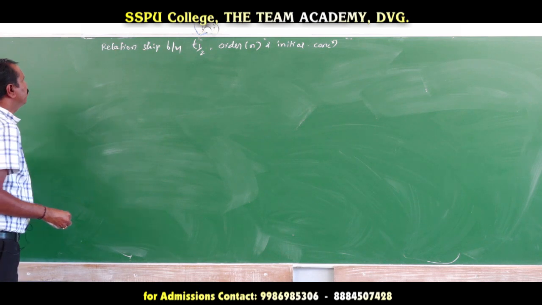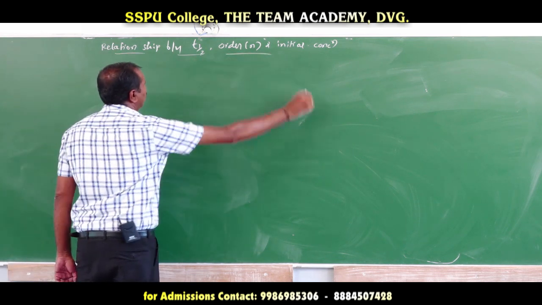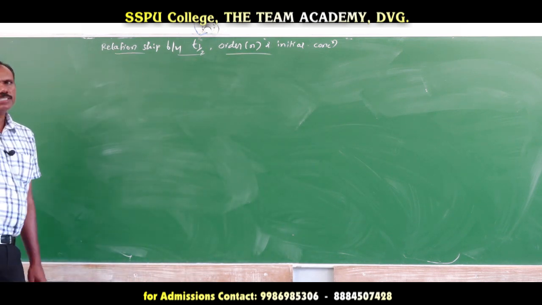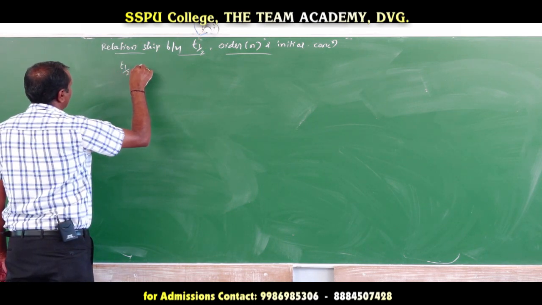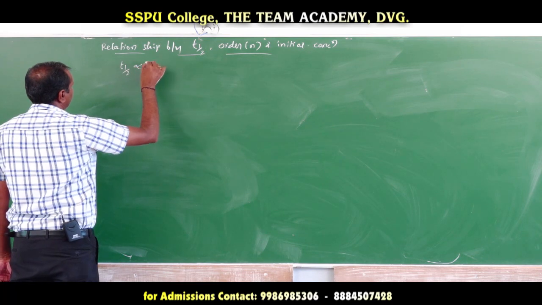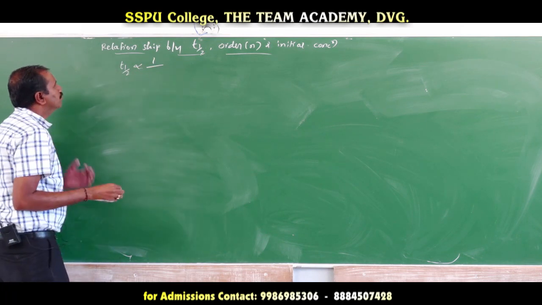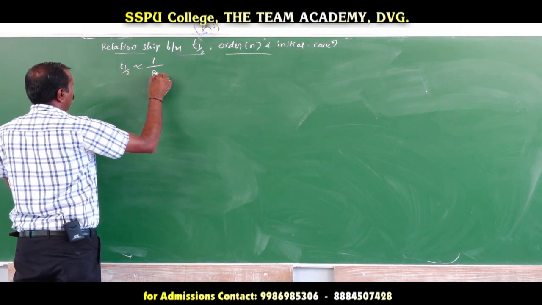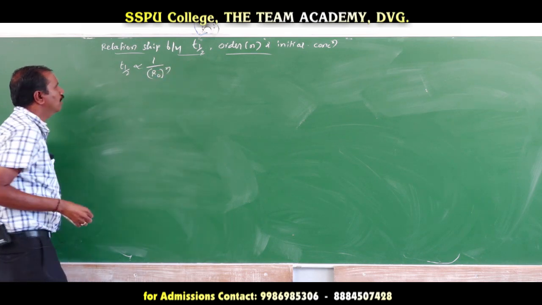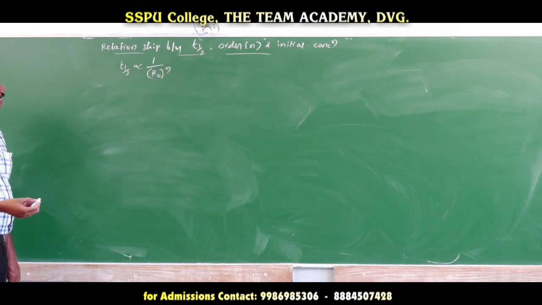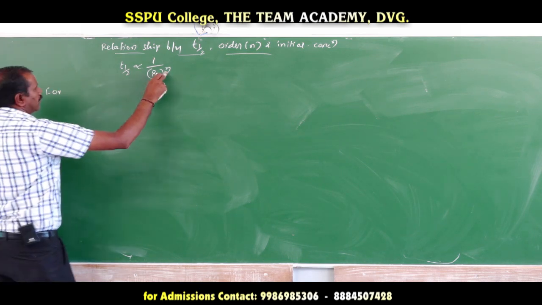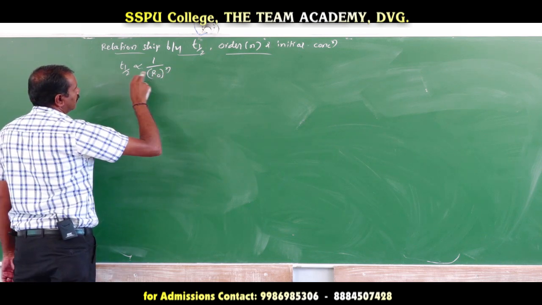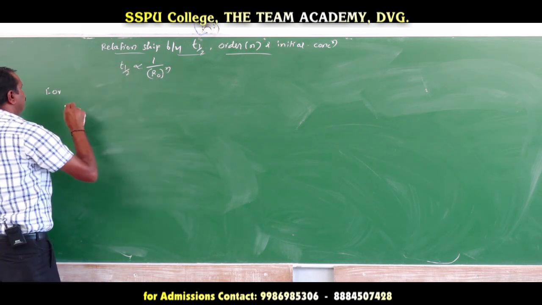The relationship between half-life period, order, and initial concentration is that T half is directly proportional to 1 by R naught to the power of n minus 1. Here n is order, R naught is initial concentration, and T half is half-life.